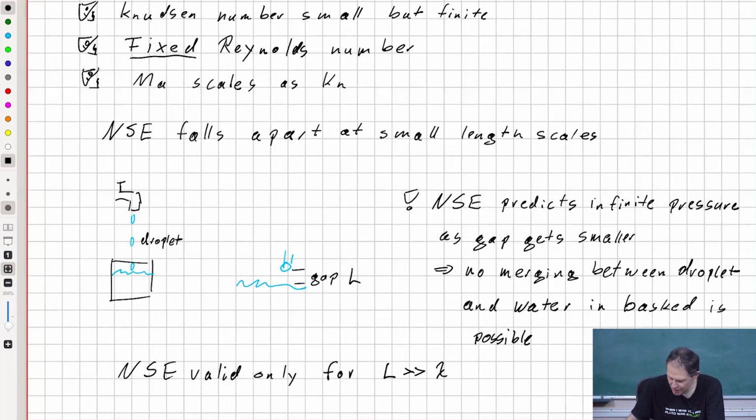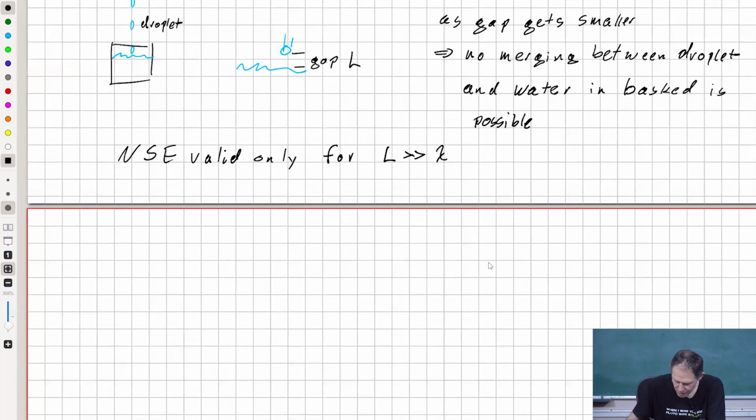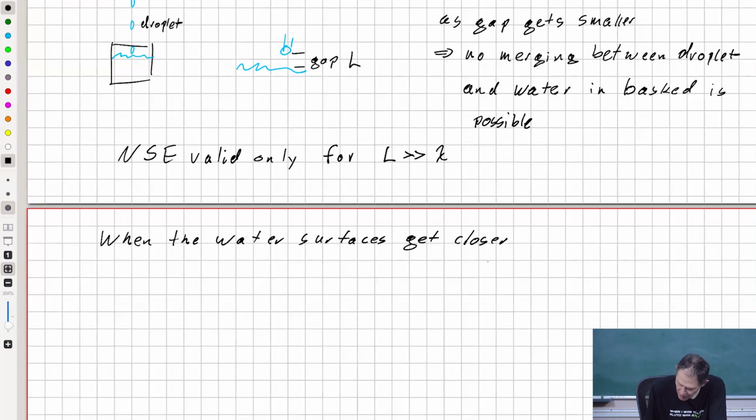So when the water surfaces get closer and closer, then finally we'll have the condition that lambda is larger than L, and then there is, of course, no Navier-Stokes equation anymore.